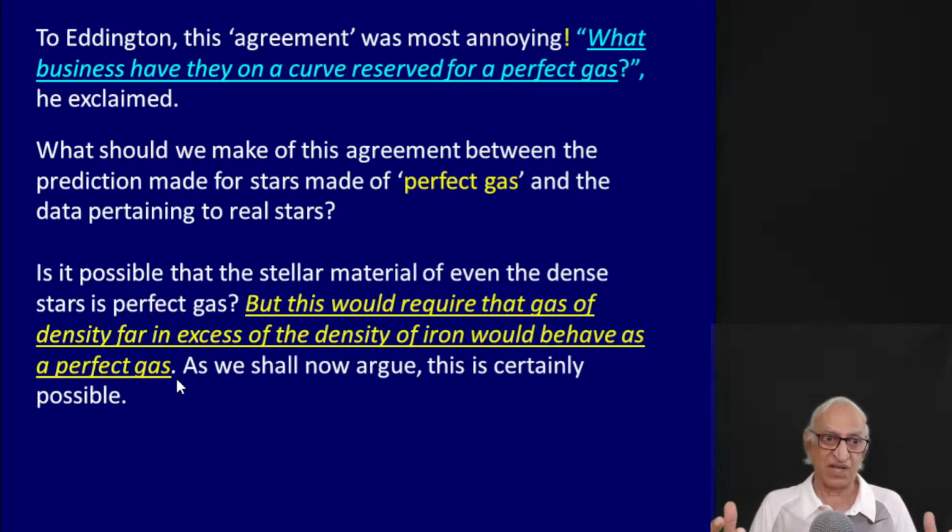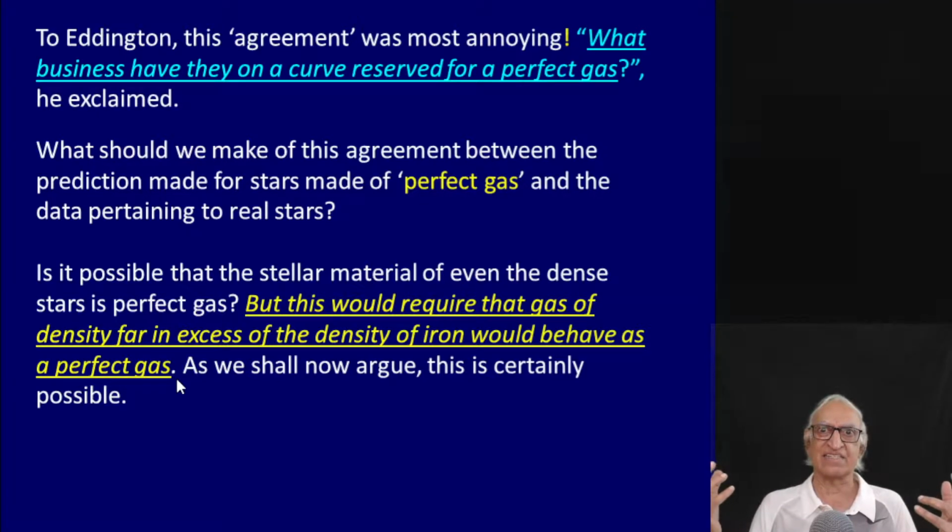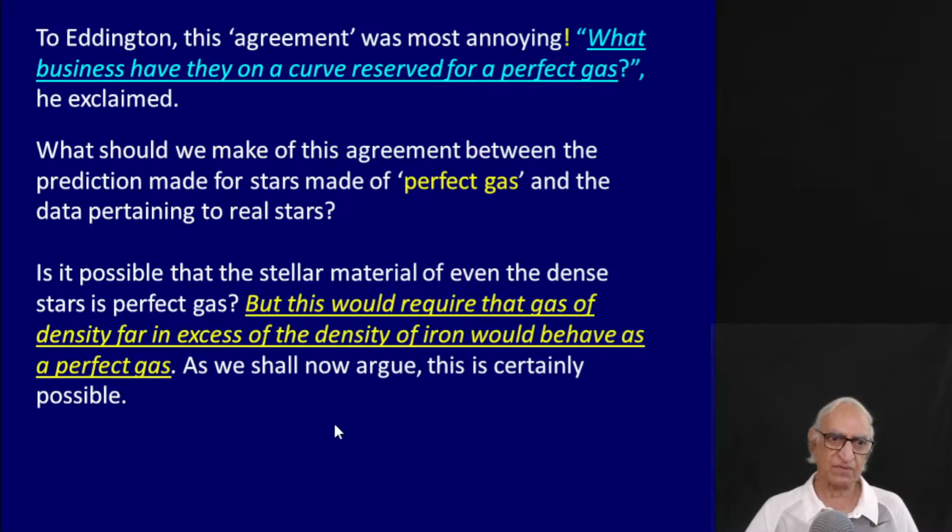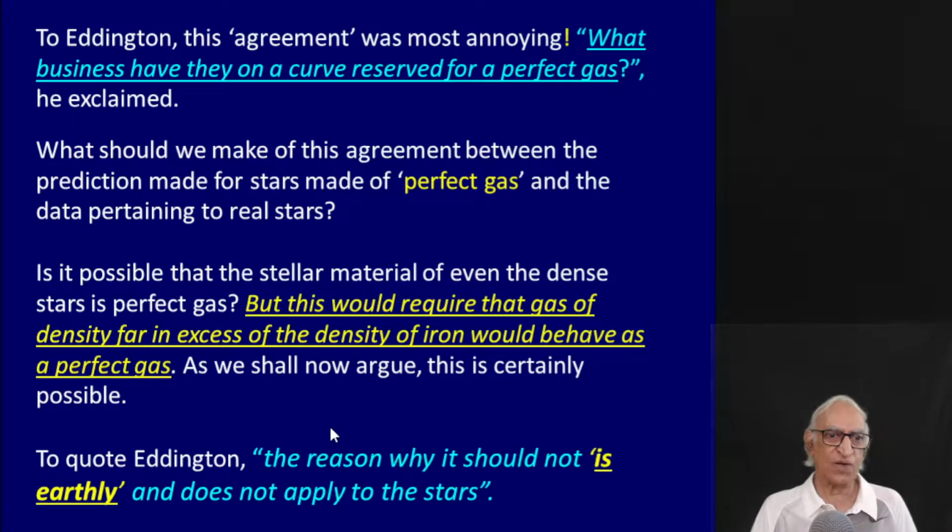But then if you have a star whose density is greater than the density of iron, surely it's ridiculous to think that in those stars, gases obey Boyle's law. Therefore, how come real stars seem to sit on the curve that Eddington had drawn for ideal gas? To quote Eddington, the reason why it should not is earthly, and does not apply to the stars.